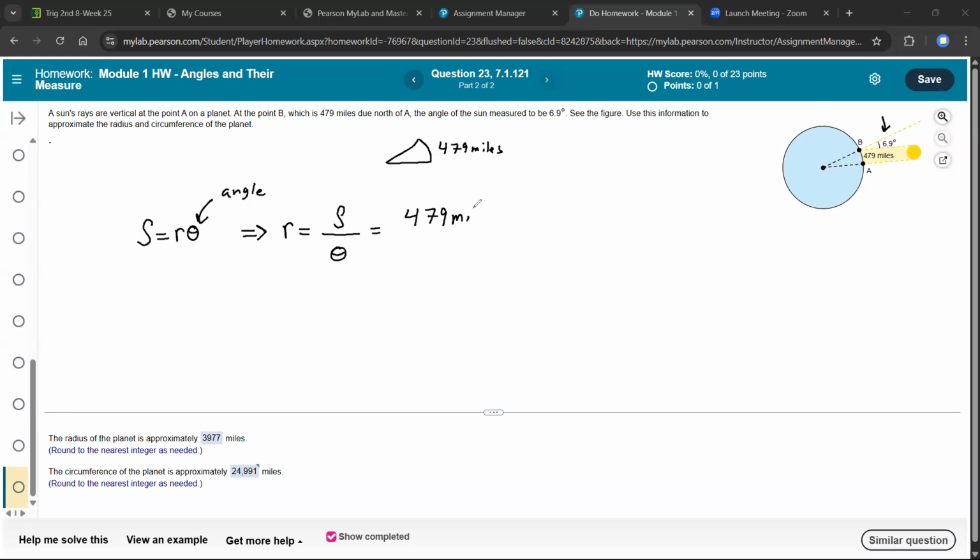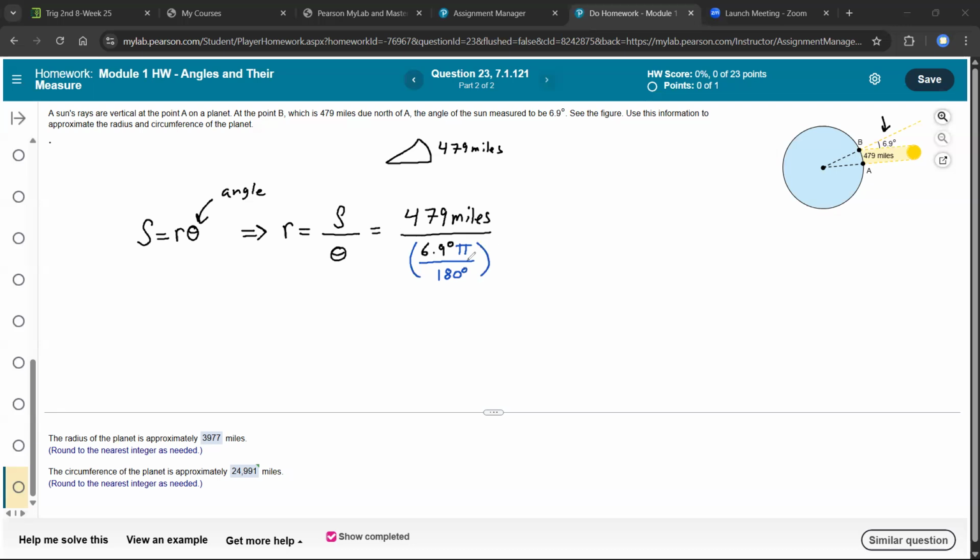479 miles, but that is something that changes from problem to problem. And I have 6.9 degrees. However, that's not that helpful because I need it in radians. So I'm going to multiply that by pi over 180 degrees.